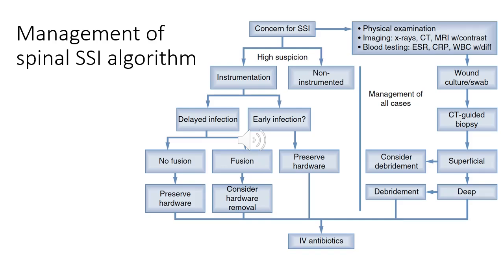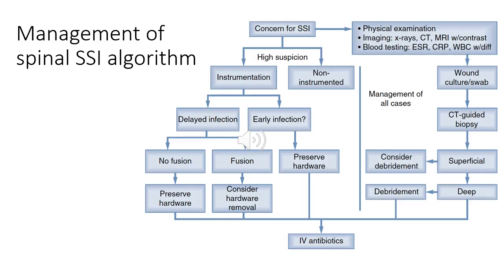If there's a high suspicion for infection, if it's non-instrumented, then subsequently wound and culture swab should be obtained, or a biopsy. If there's evidence of superficial infection, you should consider debridement. Deep infection, you should also consider debridement if medical therapy is not able to eradicate or control the infection.